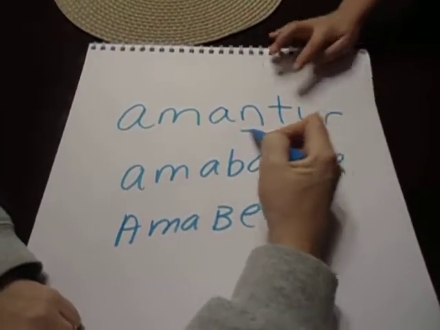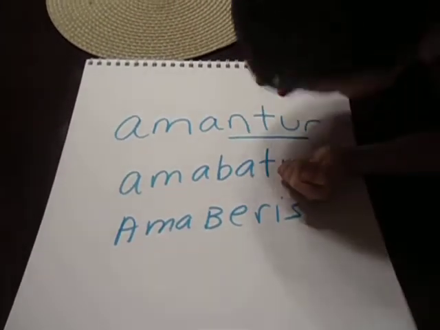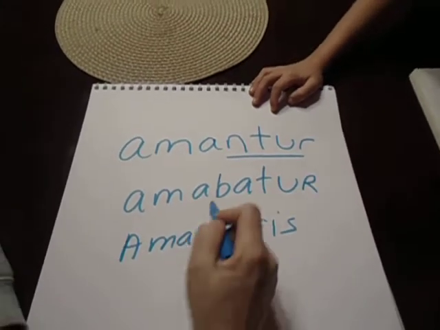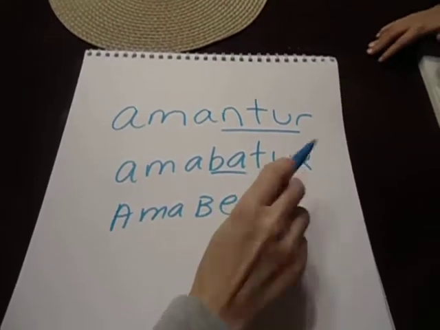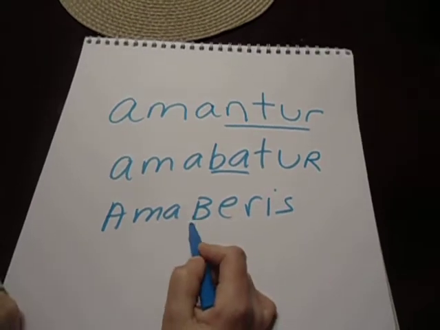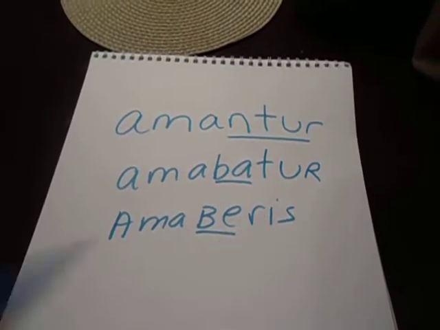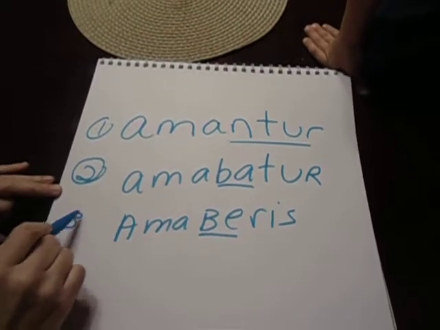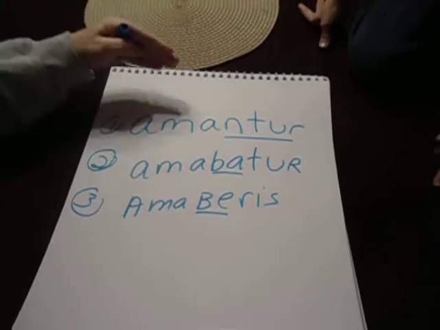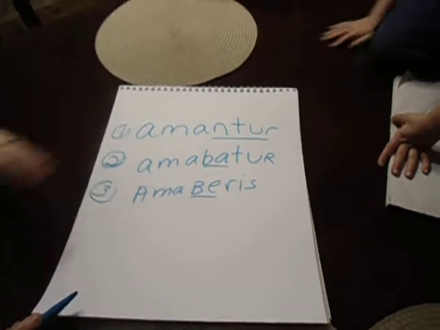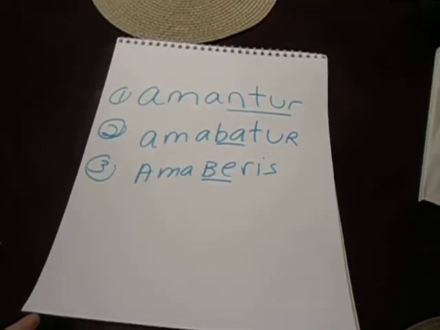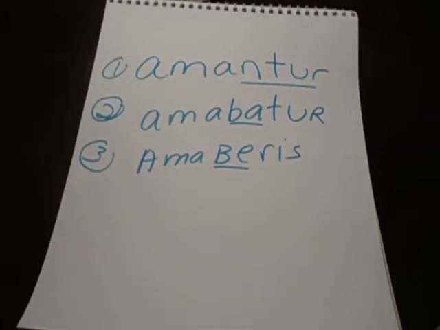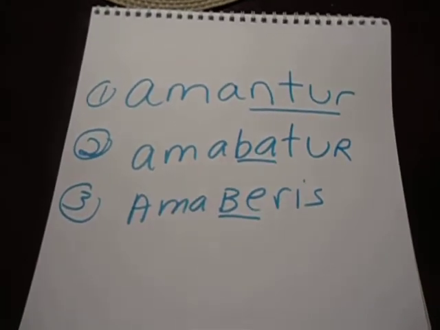So notice here, we just have the chart ending. Here we have a BA plus the ending. Here we have a B-I, not B-A, plus the ending. Take a second, write these three words down. Amantur, amabantur, amaberis, and have those ready to go and translated for tomorrow.